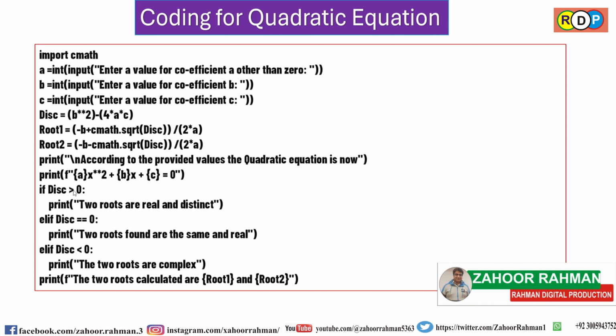In the first two cases, there will be a 0 imaginary part, so it is not imaginary. But in this case, there will be a value for the imaginary part. So we will say the two roots are complex. Here we print the two roots, because there is an f, so in special format root 1 and root 2 will be printed. Now let's go directly to the editor and write a program.